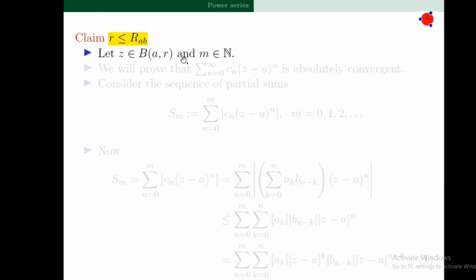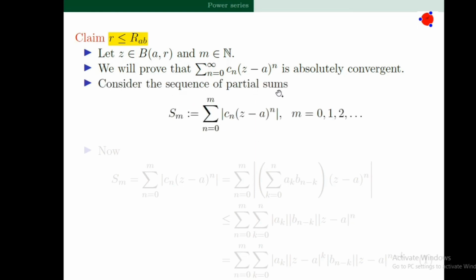So, to prove this, take an arbitrary element z in the open disk with the center a and radius r, and take an arbitrary element m in N, and we will prove that the product series, that is the Cauchy product series sigma n equal to 0 to infinity Cn (z minus a) the whole raised to n, is absolutely convergent for every z in the open disk with the center a and the radius r.